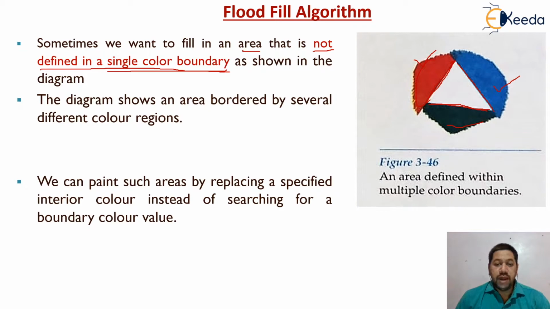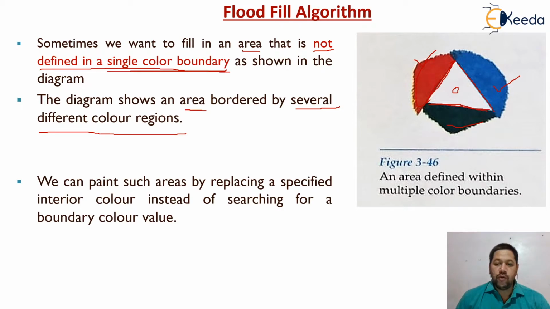Because what we did in the previous algorithm, the boundary fill algorithm, is that whenever we start with a seed pixel, suppose this is my interior pixel, we go on filling pixels till we reach the boundary color. But now the difference is, as shown in the diagram, the area of the polygon is bordered by several different color regions.